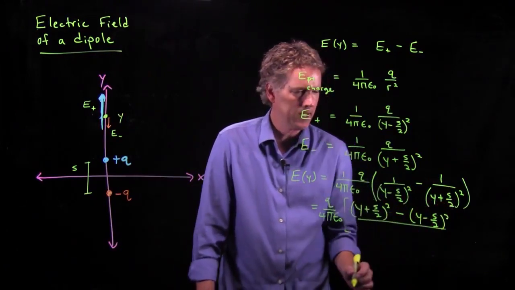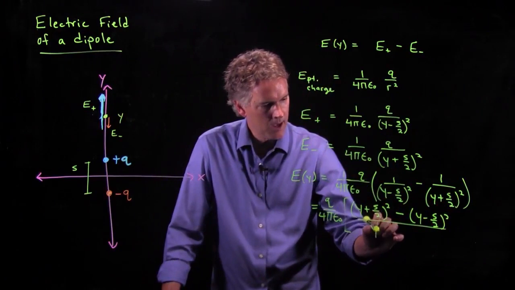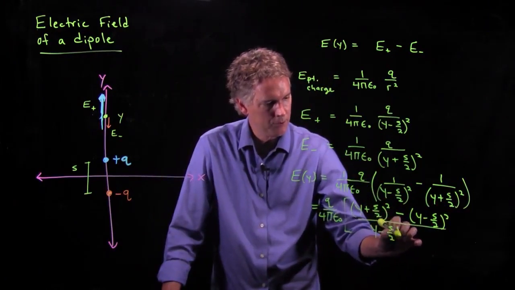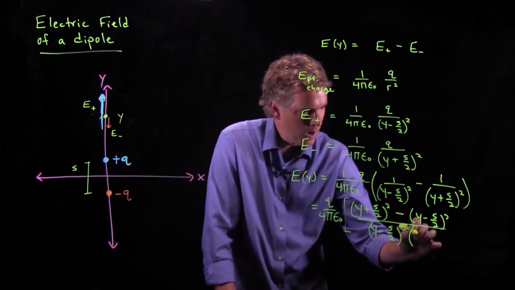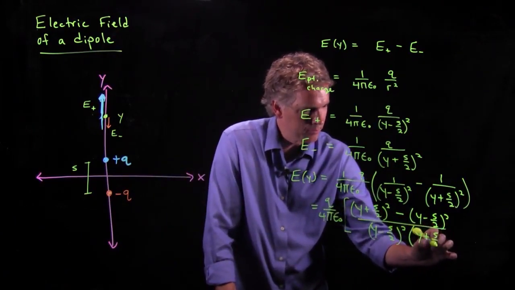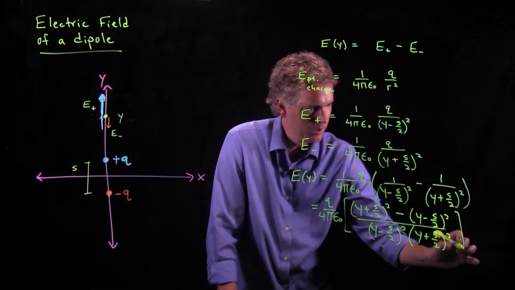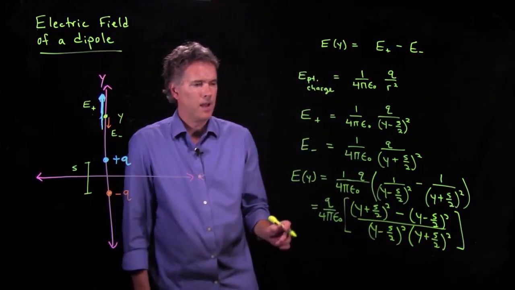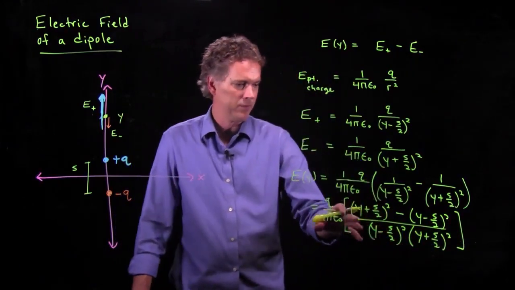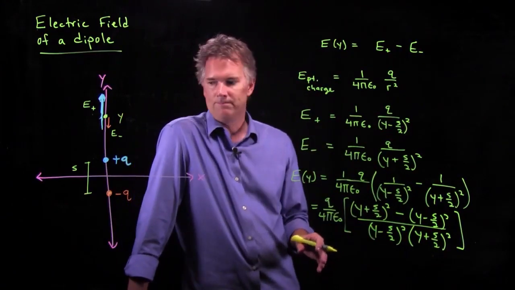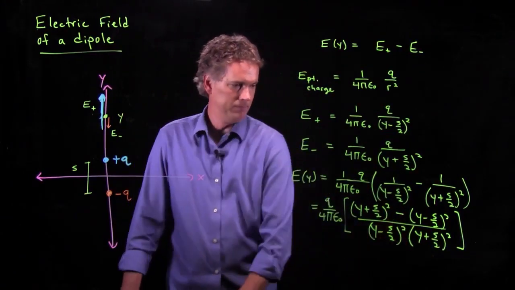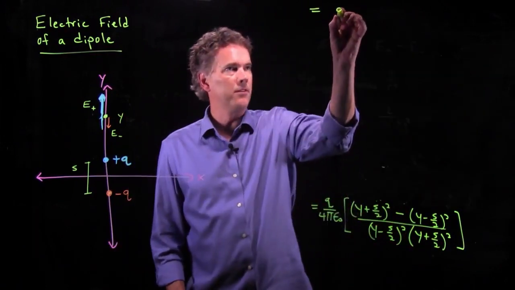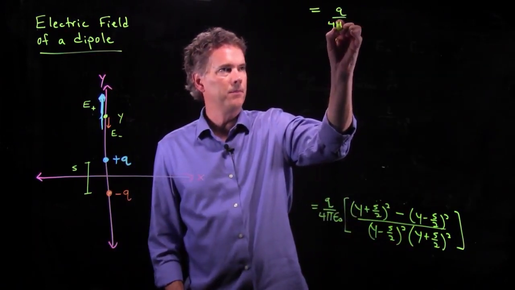And then we're dividing by y minus s over 2 squared times y plus s over 2 squared. Okay, and now we want to see if we can simplify this out a little bit. So let's make a little room and we will keep working on this. Okay, so let's multiply this stuff out and see where we get.